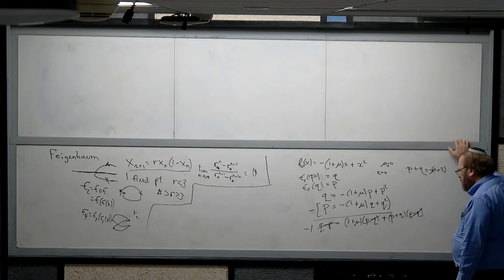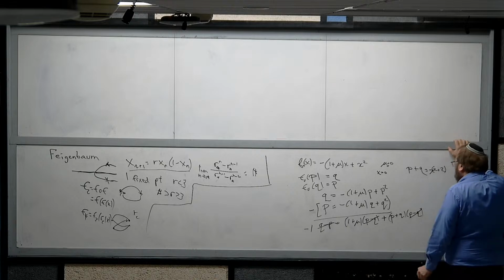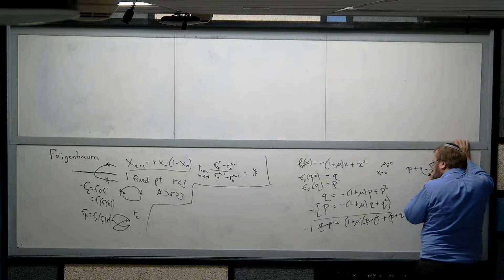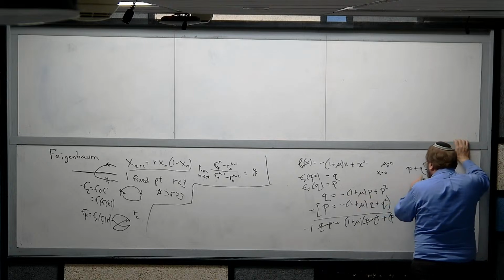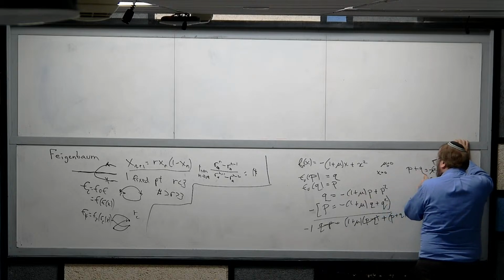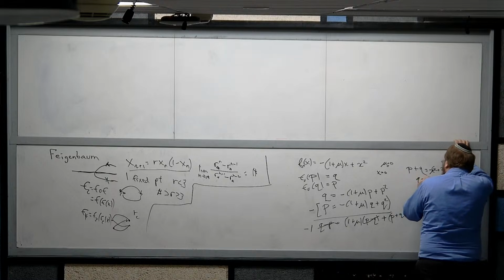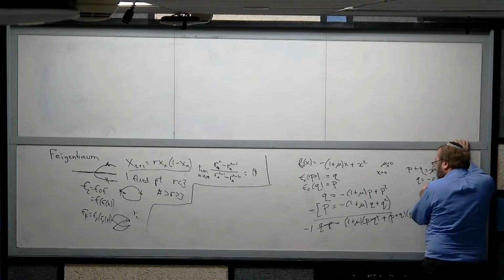Right? Did that right? Okay, and now that we have that, we can substitute here what q is. So q is minus p minus mu plus 2, and now you have to plug this into this.